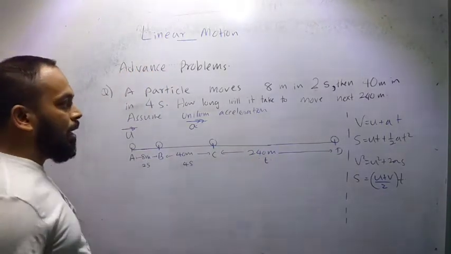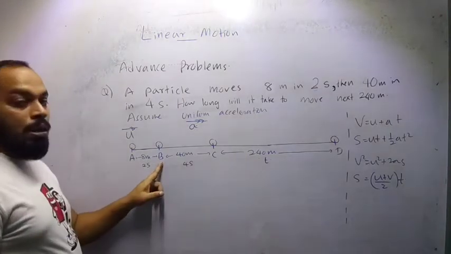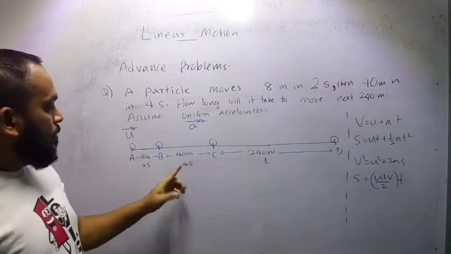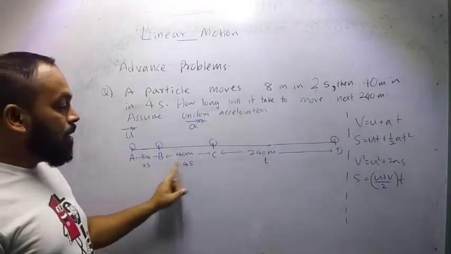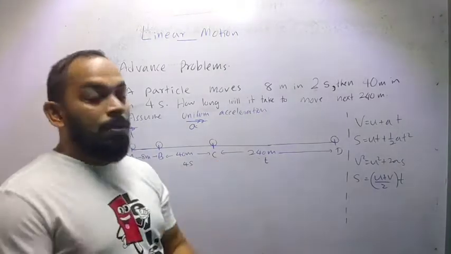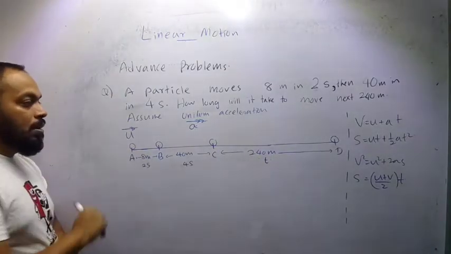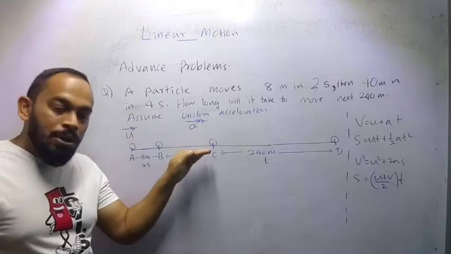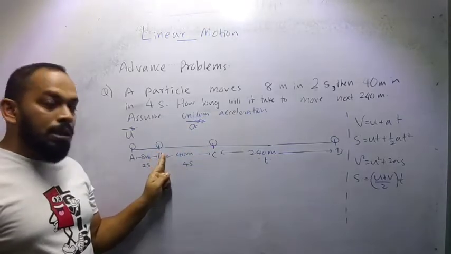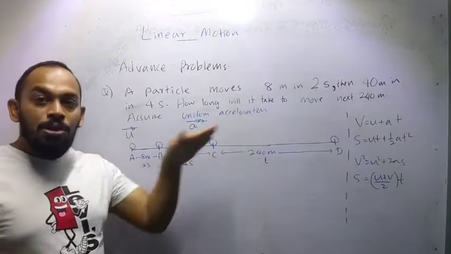Okay, that's right. But we don't know what the velocity is at B. We don't even know the initial velocity. So we don't know the velocity at B, C, or D. We don't know any of them. Right? But you can see that since it is moving with acceleration, the velocity at B, C and D will change.